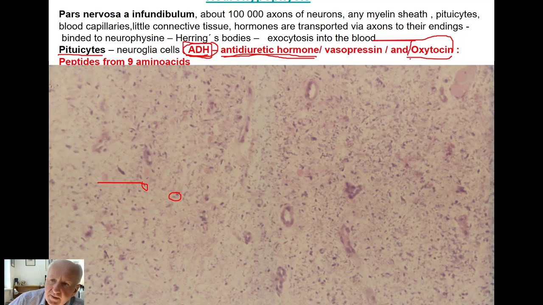Oxytocin is the next polypeptide made of 9 amino acids, and this hormone gets to the blood from the axons here and has influence on smooth muscle cells, mainly in the myometrium of the uterus, for example, where the contraction of the smooth muscle cells is more intensive and quicker.